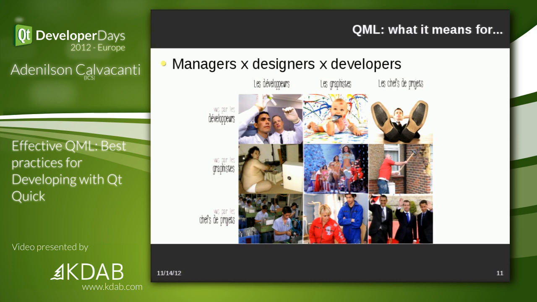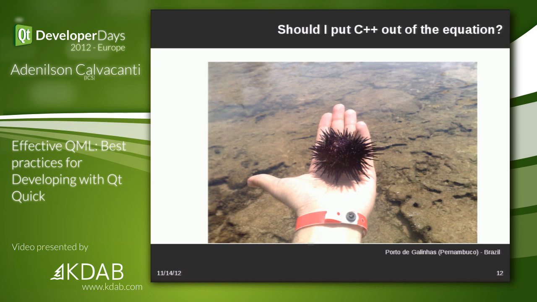And finally, for developers, it means that you are going to have more time to implement the more interesting parts, which in my view is not the user interface, but the algorithms, the data structures, the networking stuff, if it's a game, the artificial intelligence, the sound system, and so on. Okay, so should I put C++ out of the equation completely?